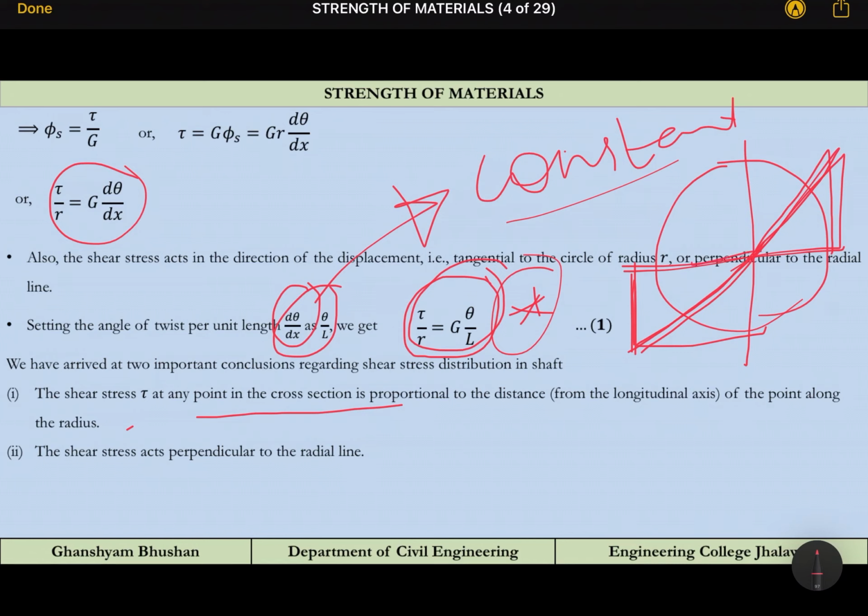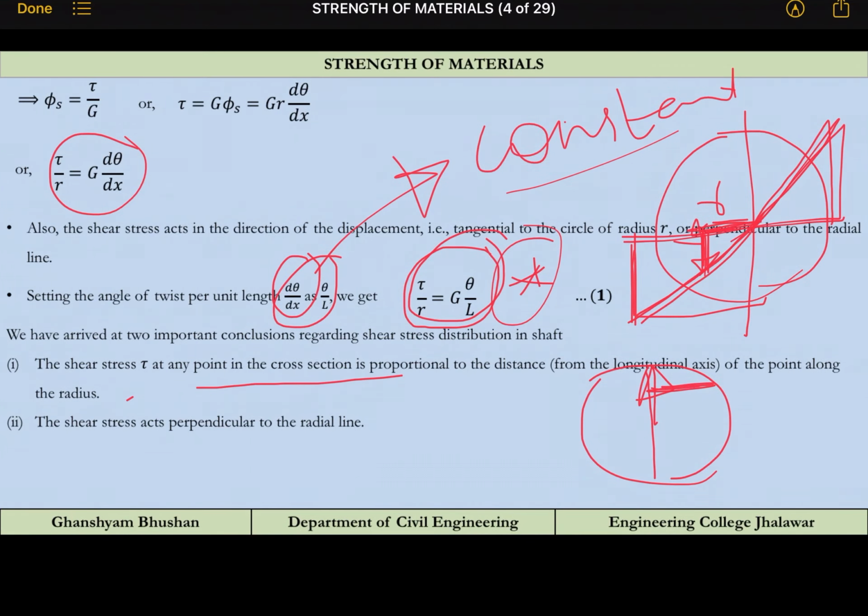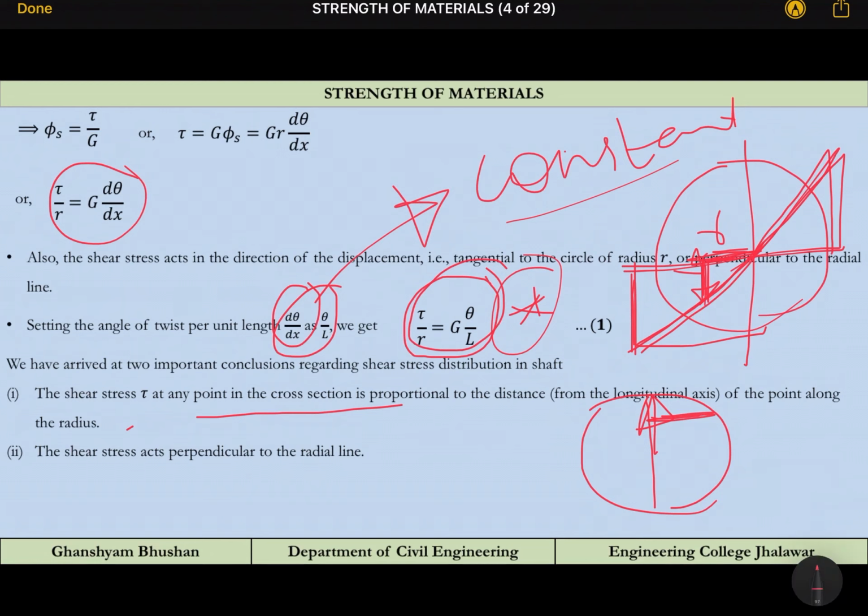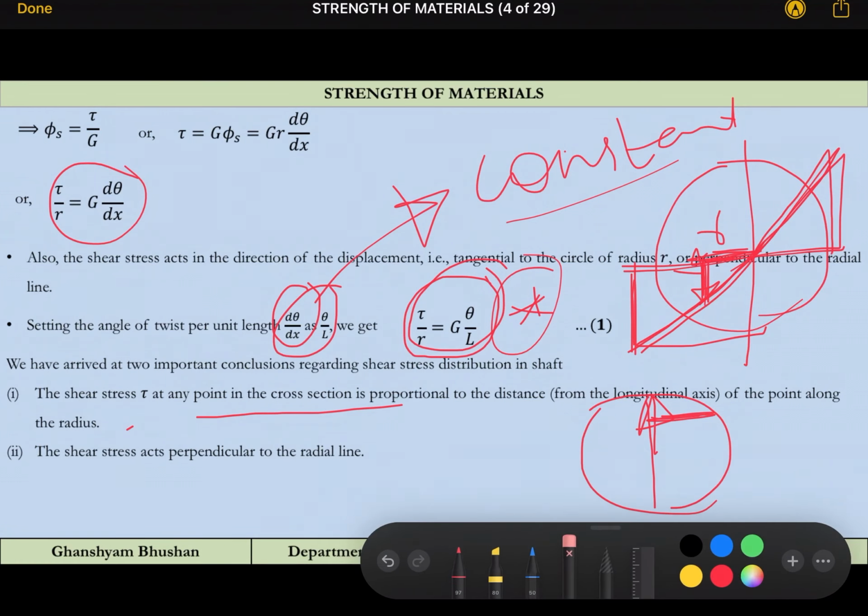If you are moving here, this is r, so tau will be something like this. In the coming slides you will see this in a very clear manner. Second, shear stress acts perpendicular to the radial line. What does this mean? If this is the radial line, the shear stress is perpendicular to this. In this way we have derived a very important relationship between tau, theta and G.